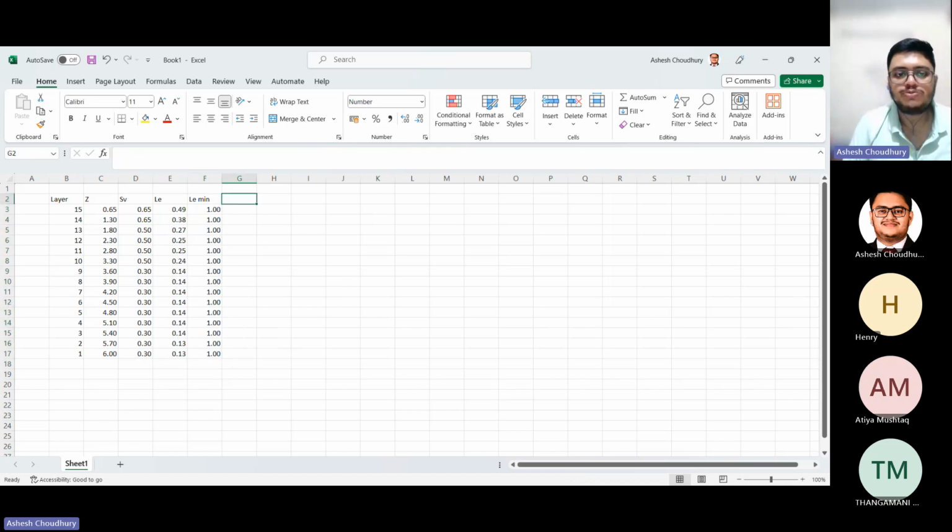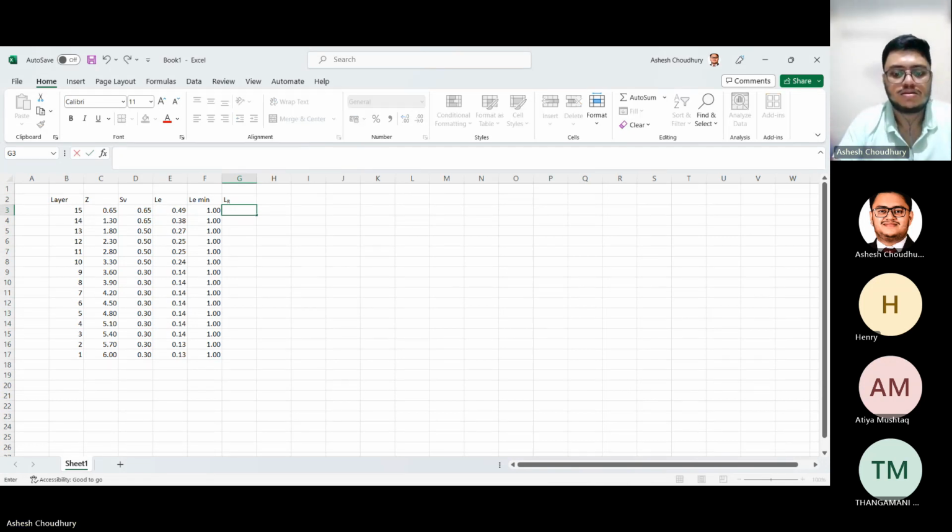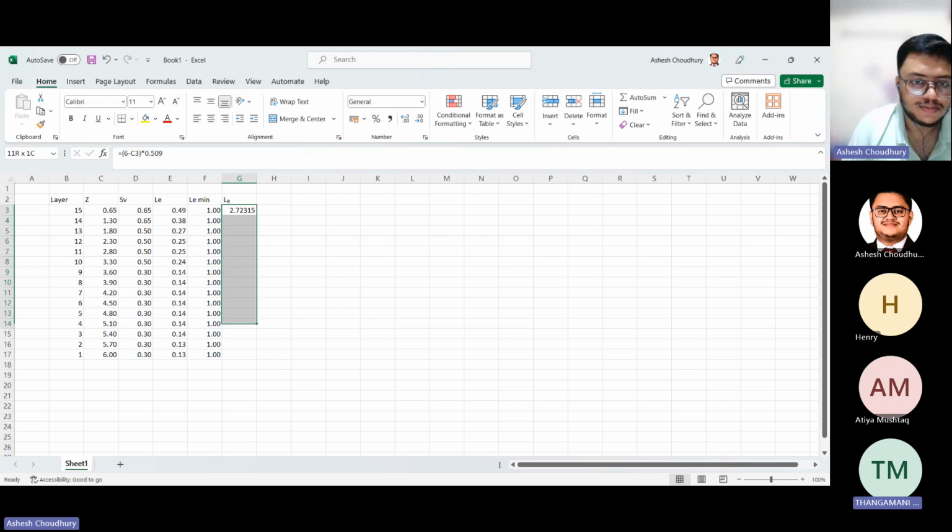Now LE we determined. So the next step is to determine LR. LR is H minus Z, 6 minus Z, times tan of 45 minus phi by 2, that is 0.509.